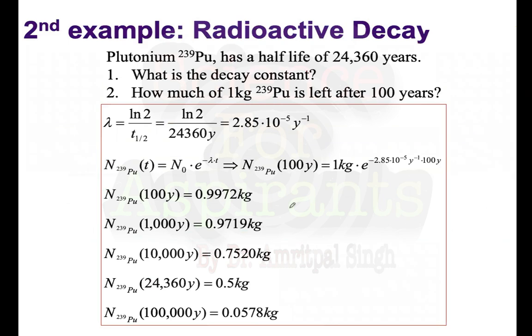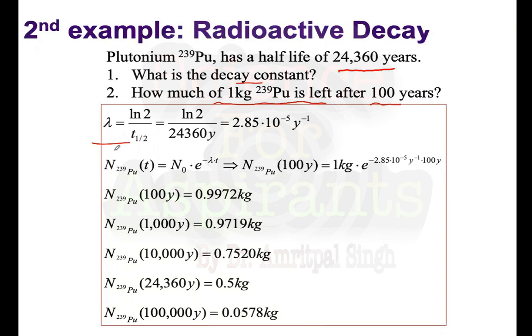So this is another example of radioactive decay. In this case, polonium has a half-life of 24,360 years. And what is the decay constant? So using this formula, you can calculate the decay constant and how much of 1 kg of polonium is left after 100 years.